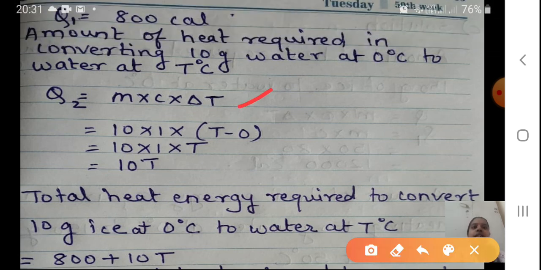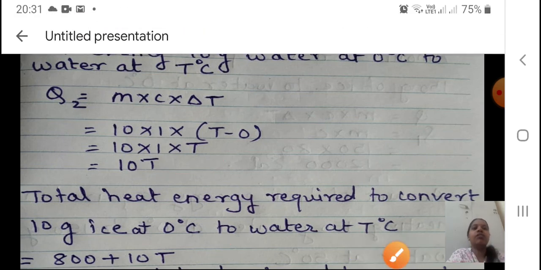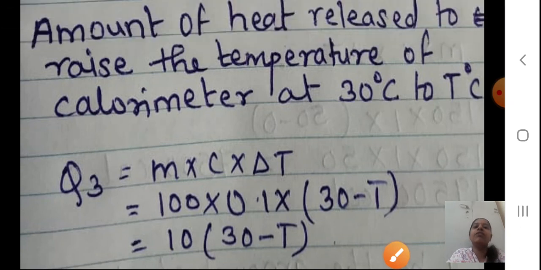Again we take the same formula: 10 into 1, for water it is 1, into T minus 0. T minus 0 is T, and 10 multiplied by T is 10T. Now the total heat energy we add: Q1 and Q2, so 800 plus 10T.